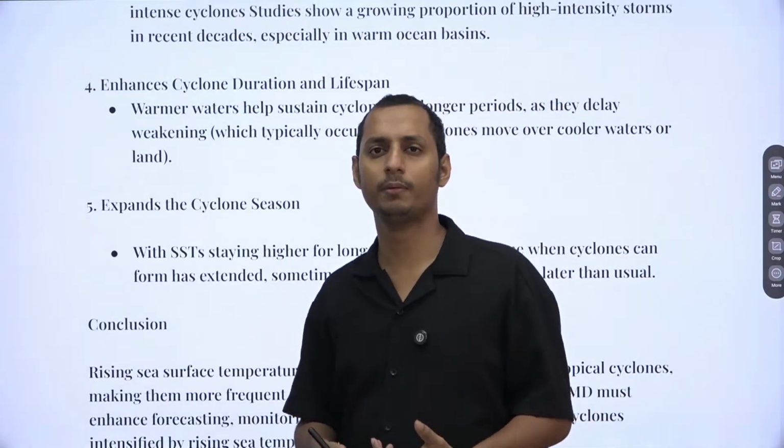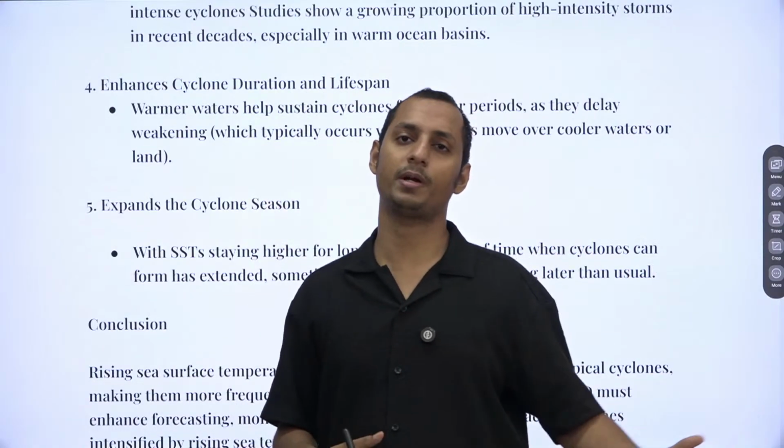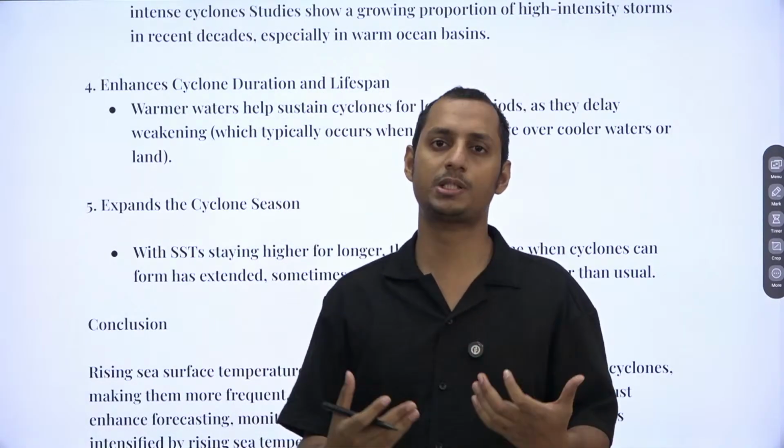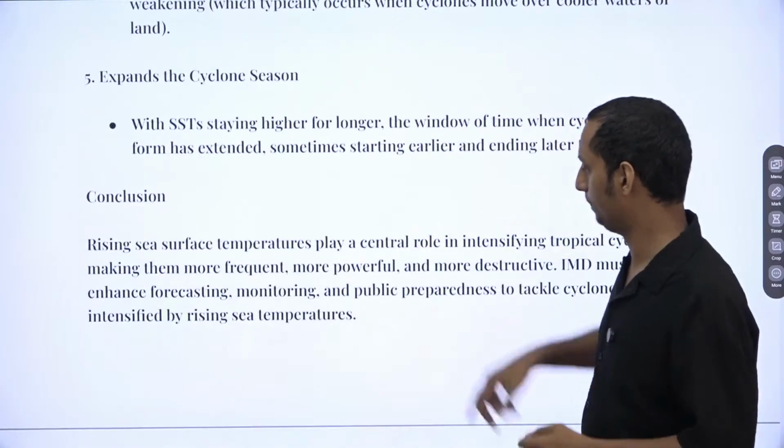If you can provide more than 6 points, it's definitely good. I know the number of points regarding sea surface temperature is very hard to generate, but at least try to provide 4 points. Okay.